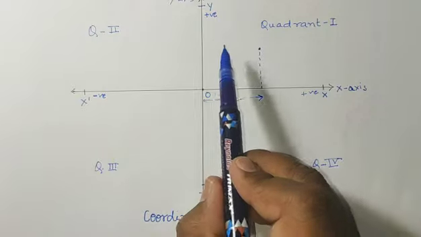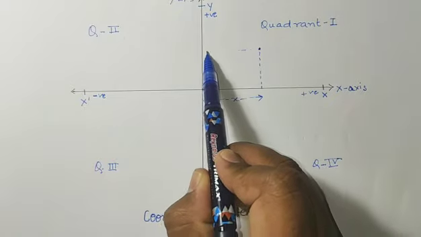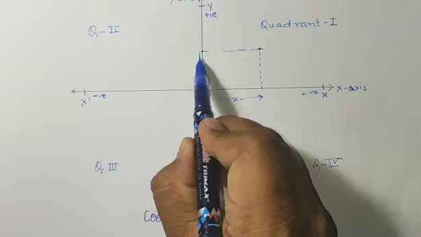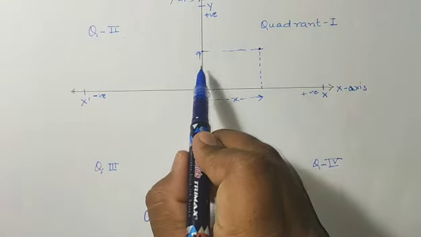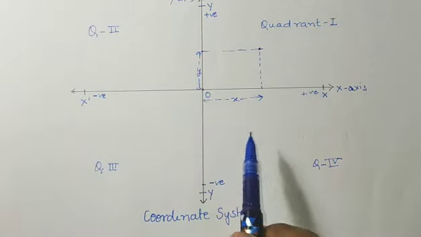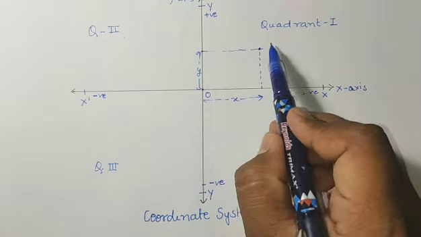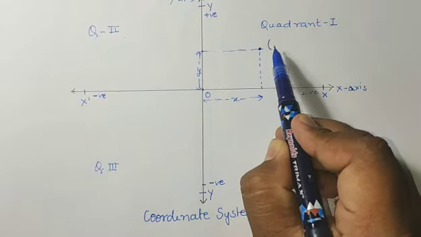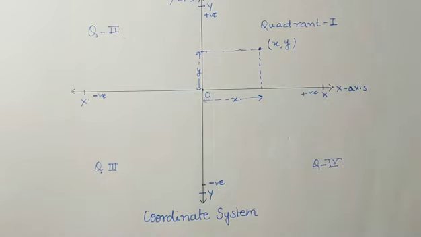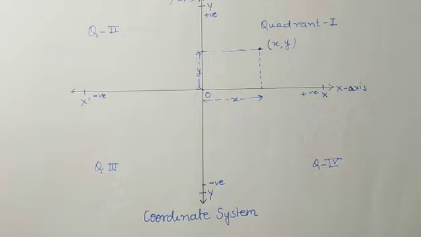Then we draw a perpendicular from this point towards the y-axis and measure this distance, suppose it is y unit. So towards the x-axis it is x unit, towards the y-axis it is y unit. Then the coordinate of this point will be x comma y.